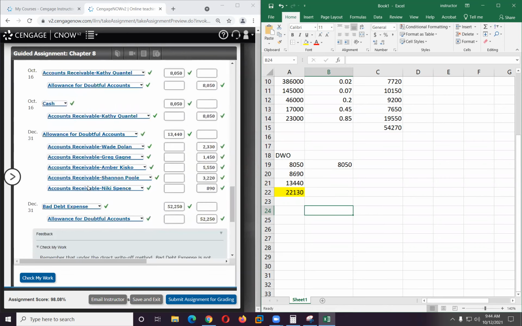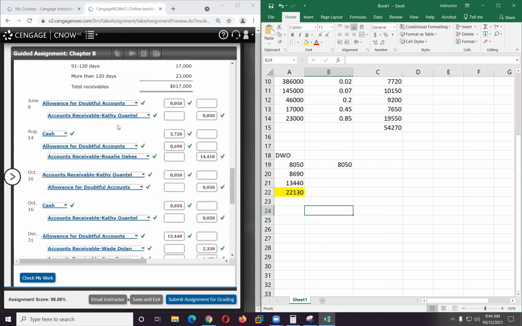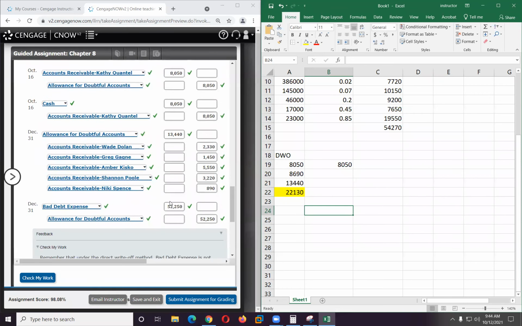Under the allowance method, you'll see that I never took an expense anywhere in here, right? So my only expense was right here, a debit of 52,250. So remember that an expense has the impact of lowering my net income, right?